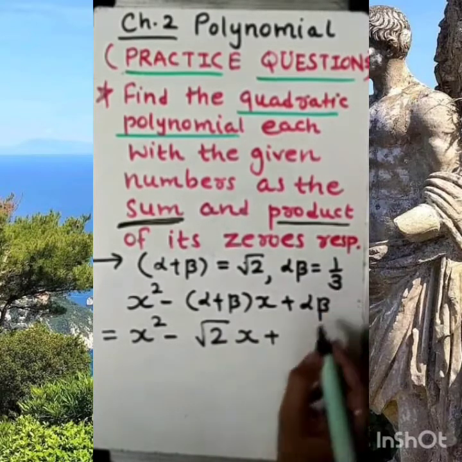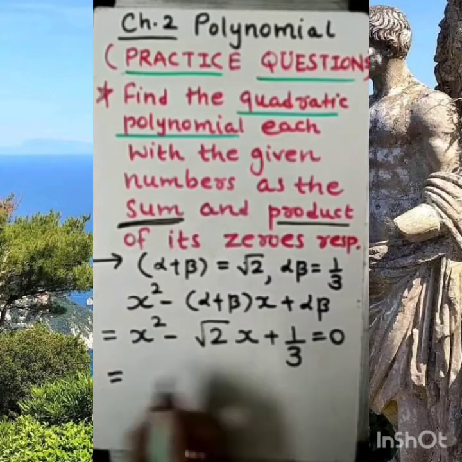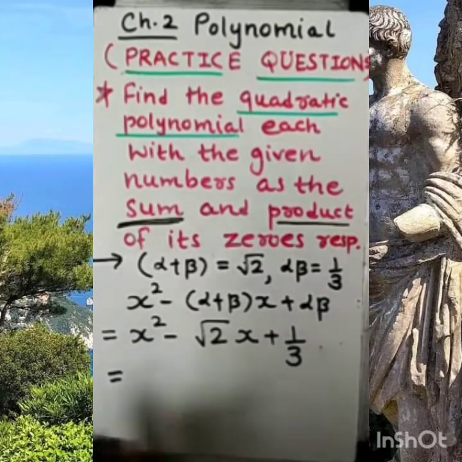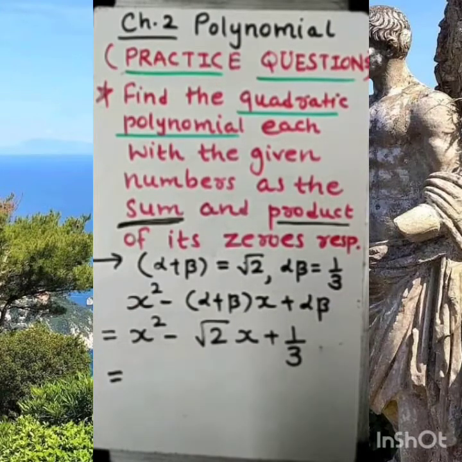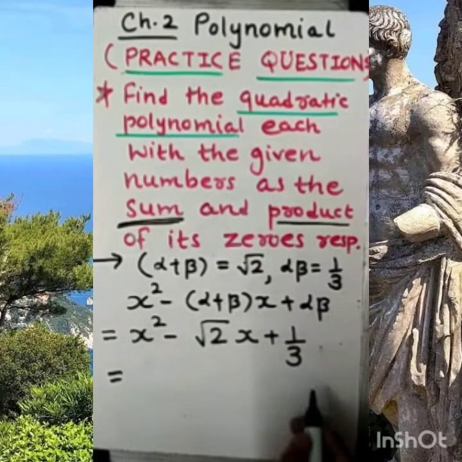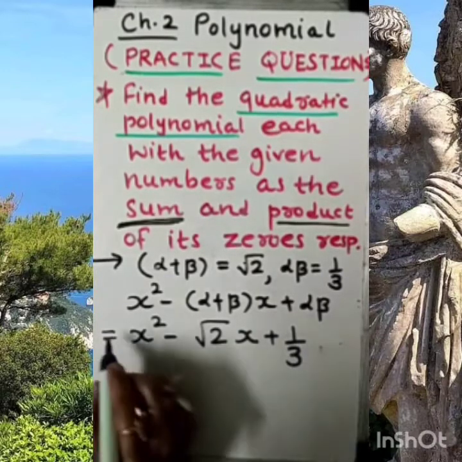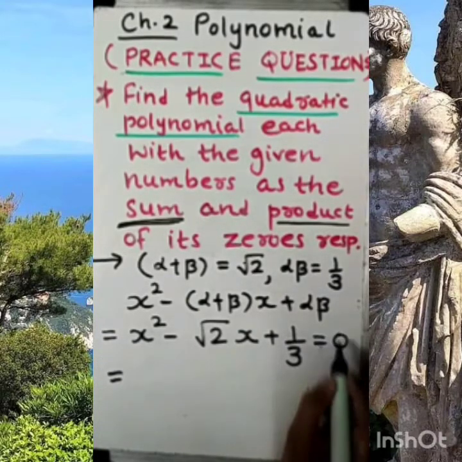What is alpha beta? That is the product, that is 1. In such a case, how to go with that? We will take an LCM.